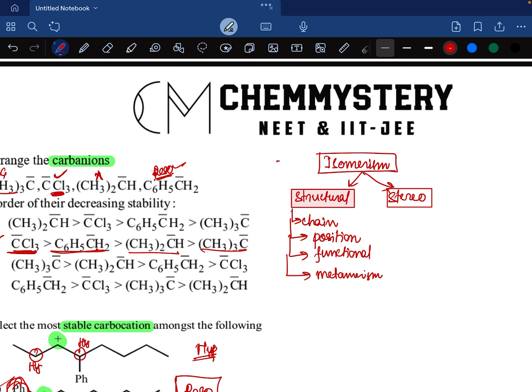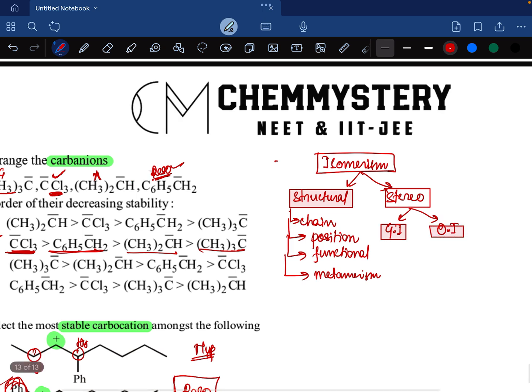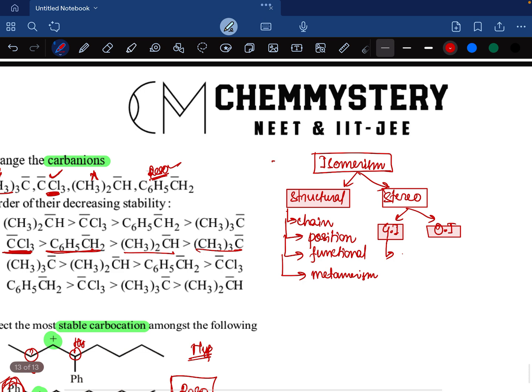These things we have seen from structural. In stereo, we have seen geometrical isomerism and optical isomerism questions. In geometrical isomerism, we see cis-trans type and ZE type.